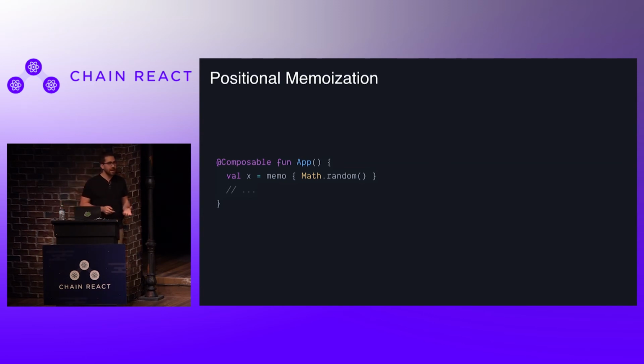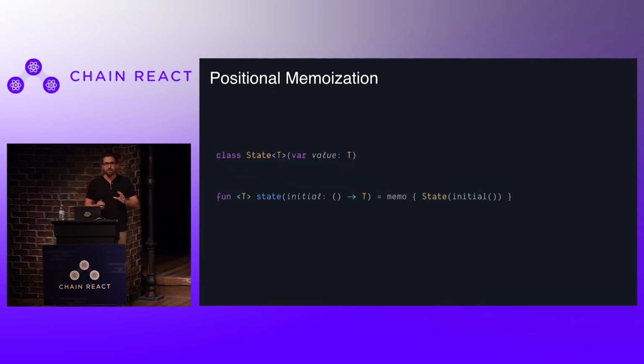If you think about it, that's like persistence in a way. And so one of the big realizations that we had is that you can think of an underspecified positional memoization as equivalent to persistence. And persistence gives rise to what we all call state. And so we can create this state function just using this memo function. And actually, I'm not going to get into it, but there are a lot of other fundamental things that you can think of that are based on this primitive here.